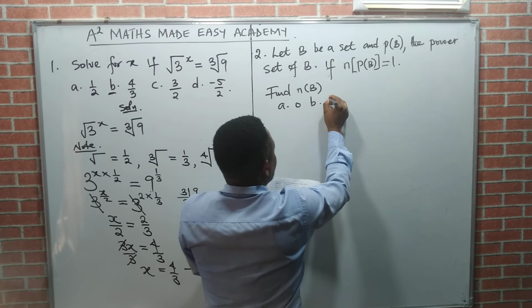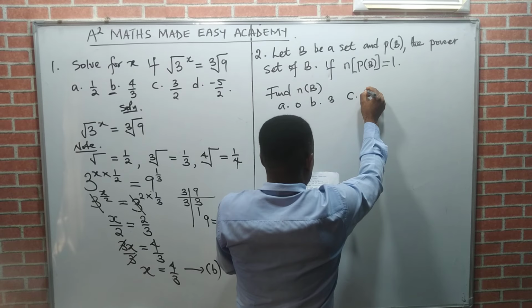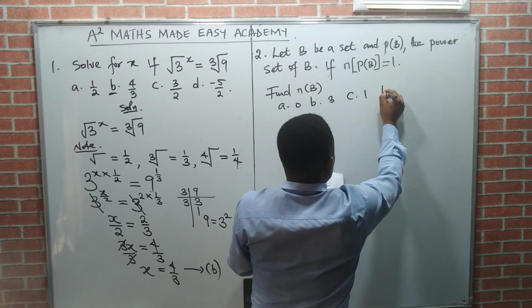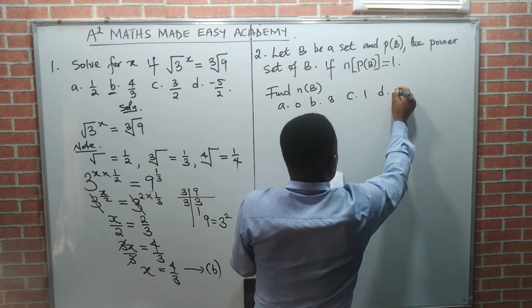Option B is 3. Option C is 1. Then option D is 2.